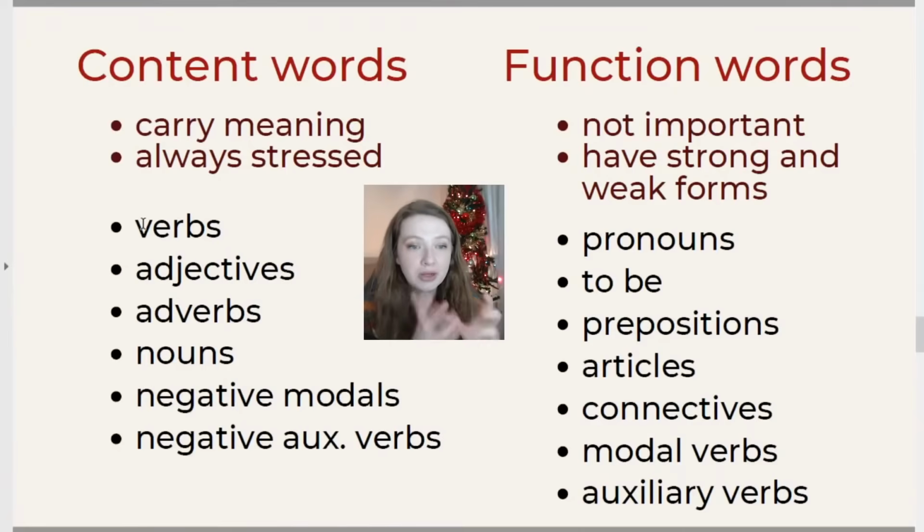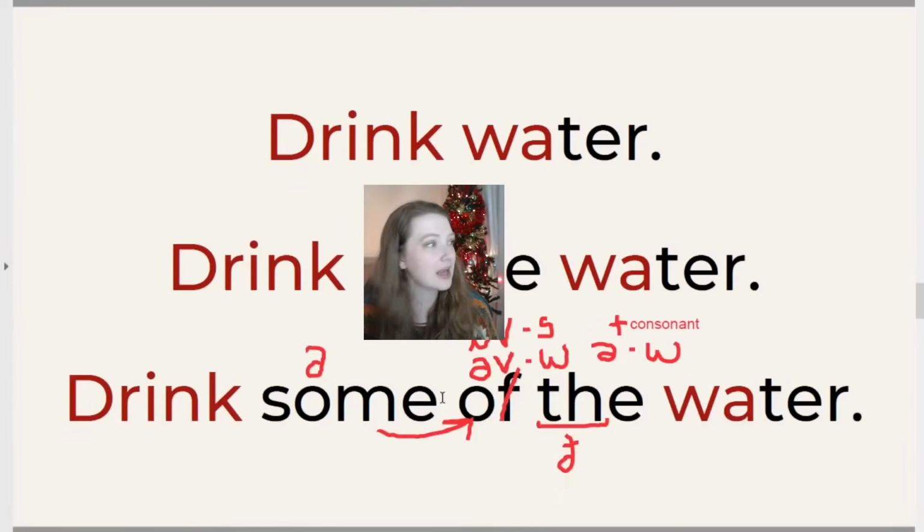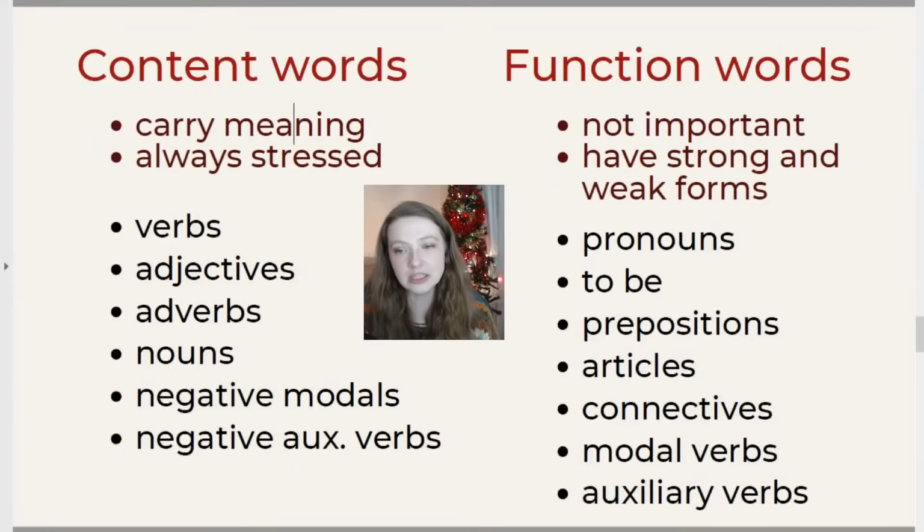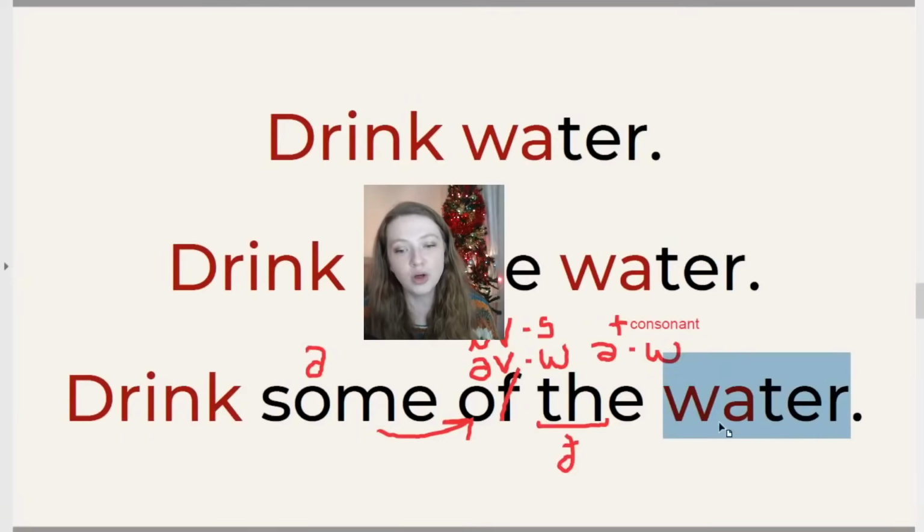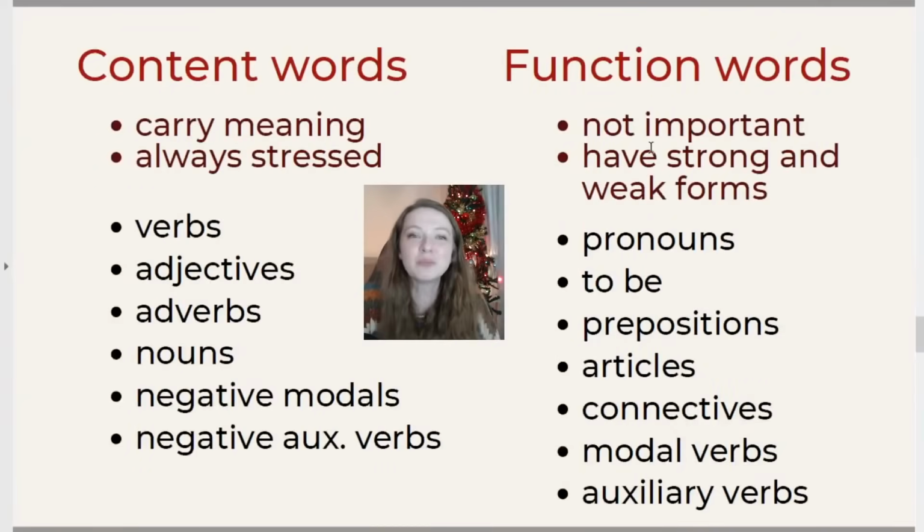So they're all your really important content-carrying words. Your function words, on the other hand, are the ones that are not as important. So exactly what I explained here with some of the, some of the water. I can remove those words and nothing has changed. But if I remove water and I say, drink some of the, you'd be like, drink some of the what, Emma? Okay? Because it's important, right?